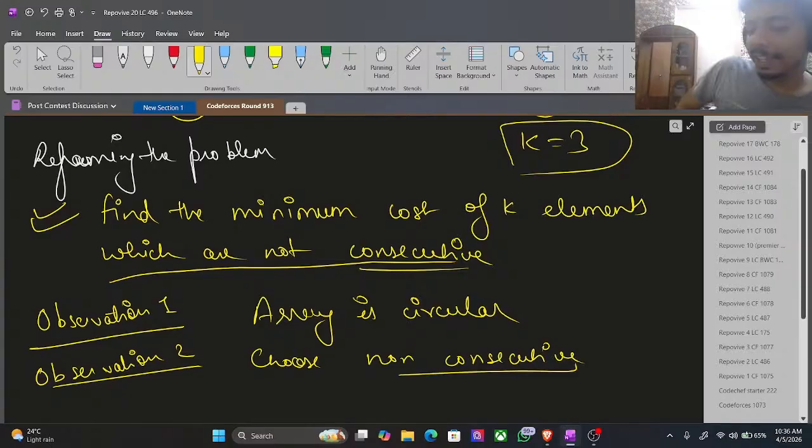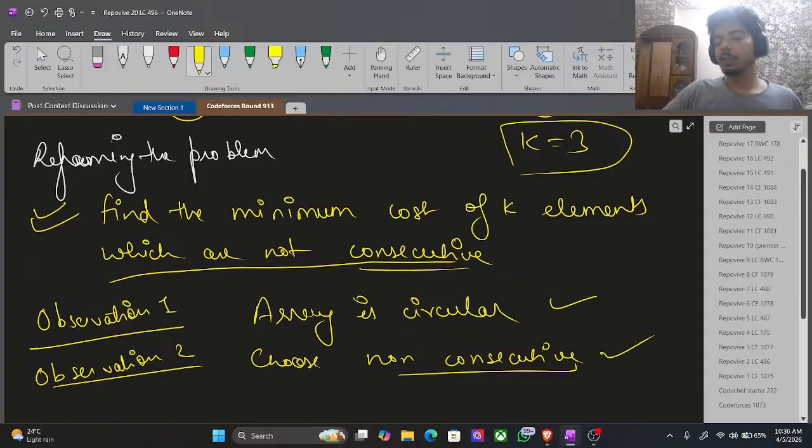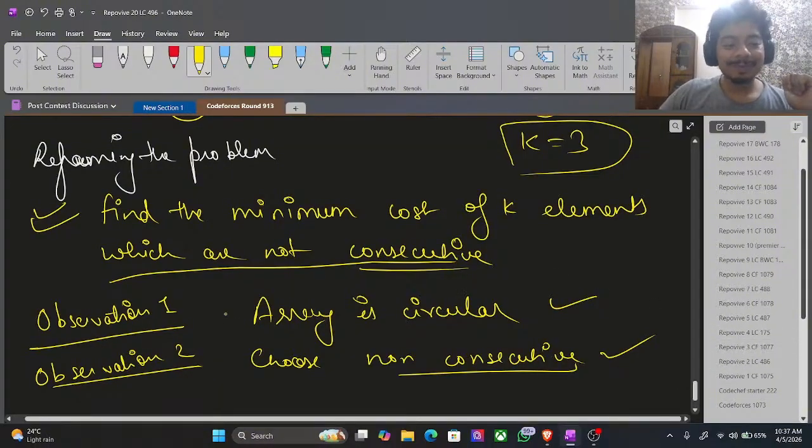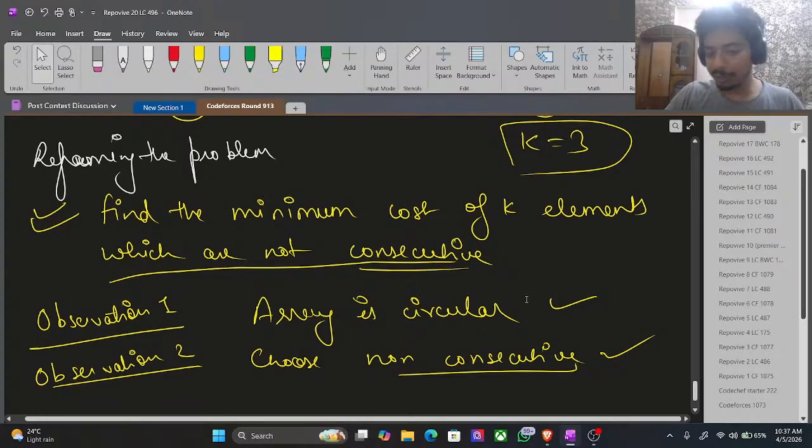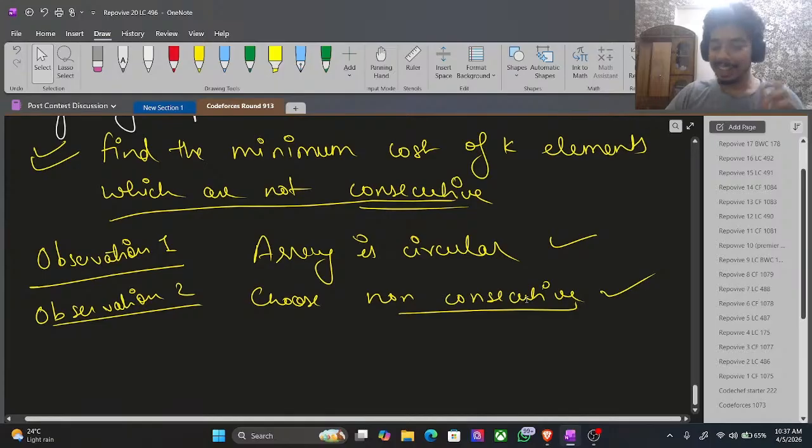If you have done DP and these two things won't trigger House Robber 2 in your mind, then you have to redo DP once more. So observations 1 and 2 directly indicate you have to do something like House Robber 2, with non-consecutive elements and a circular array.